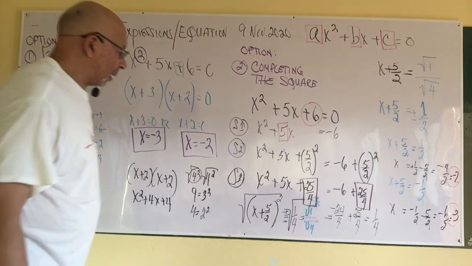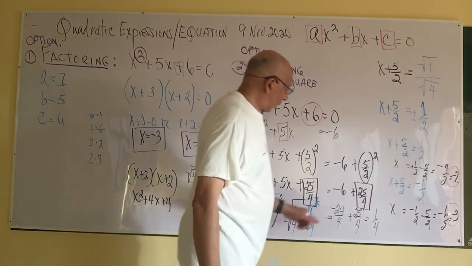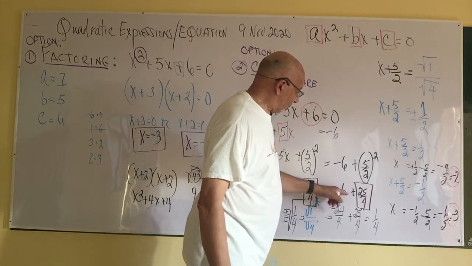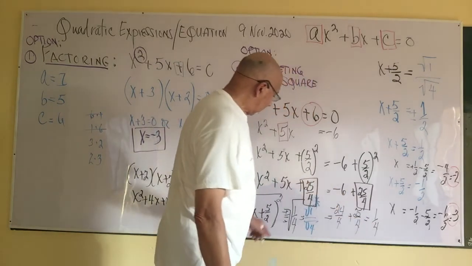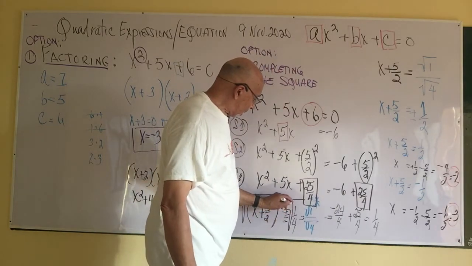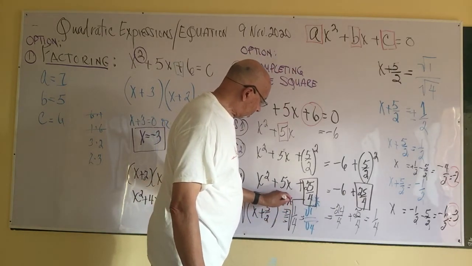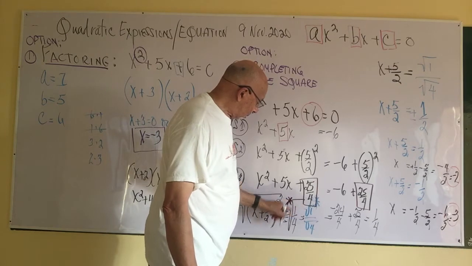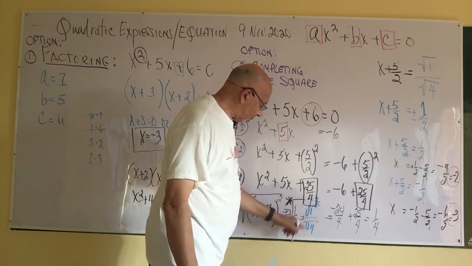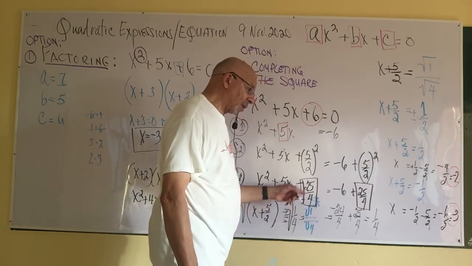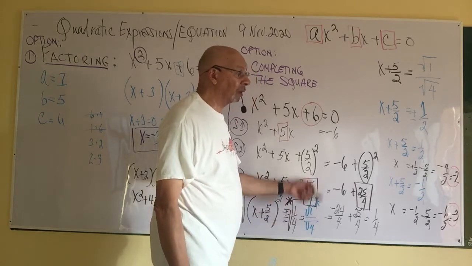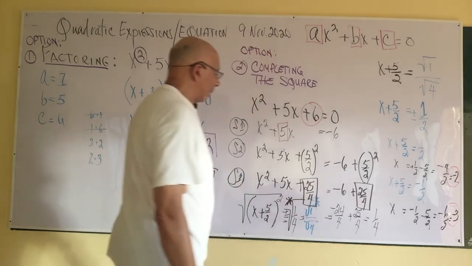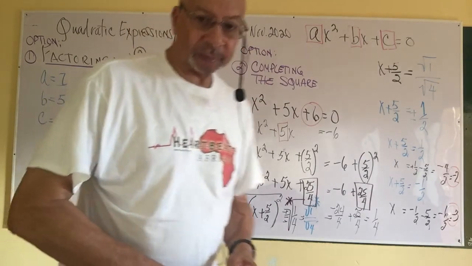Once I did that, I could see 6 is 24 over 4. Then that left me with 1 over 4. Then I used my technique here to split the 1 square root into 2 square roots. So I have the numerator squared, the square root of the numerator, square root of the denominator. So I had the two options.